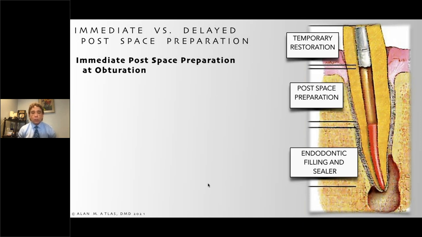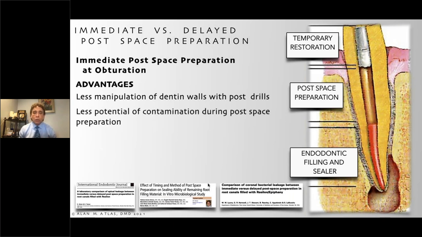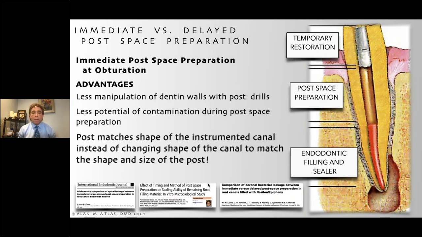It's much, much better outcomes because, and we see in the evidence, less manipulation of dentin walls with post drills, less potential contamination during the preparation of the post space, but most importantly, the post matches the shape of the instrumented canal instead of changing the shape of the canal to match the shape and size of the post.